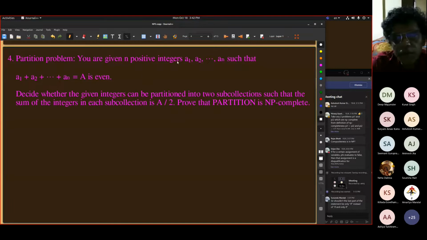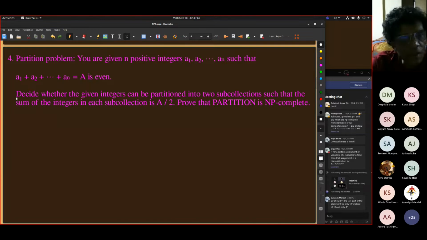You are given n positive integers a1 through an with their sum equal to a, which is given to be an even integer. Without loss of generality, we can assume that these are positive integers. Or for that moment, let us restrict to positive integers.